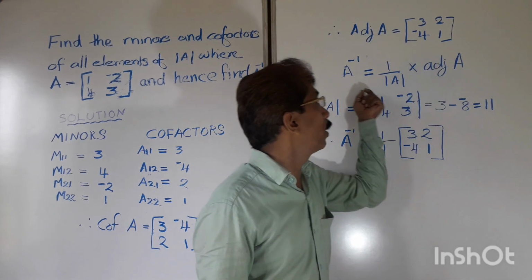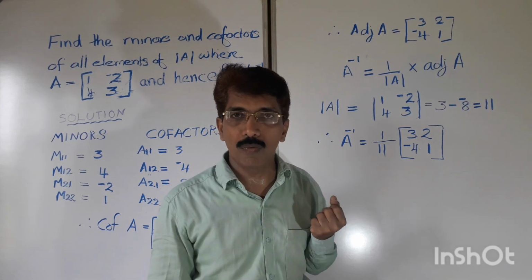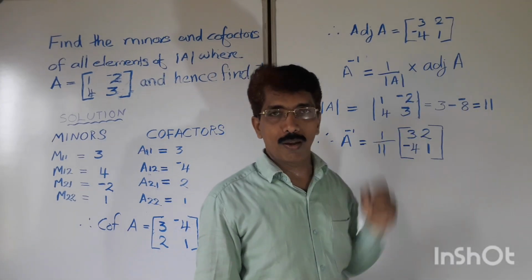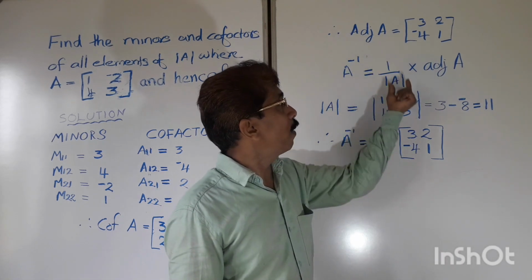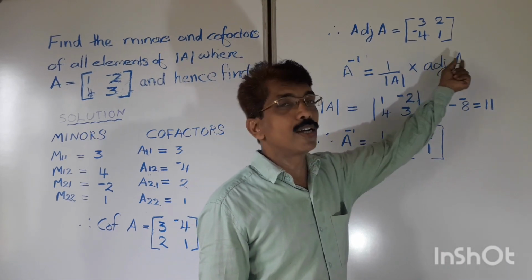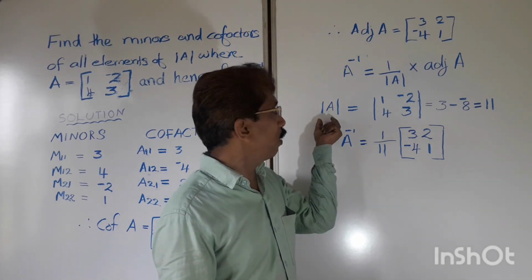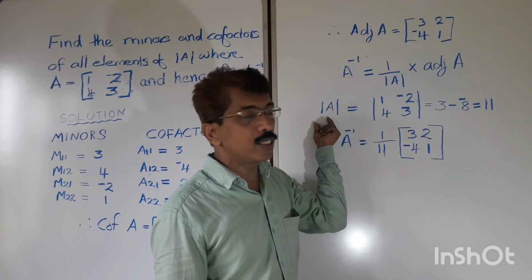So how do we determine A inverse? You know the formula: A inverse equals 1 by determinant A into adjoint A. So how do we find determinant A?